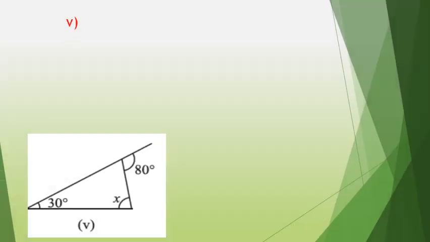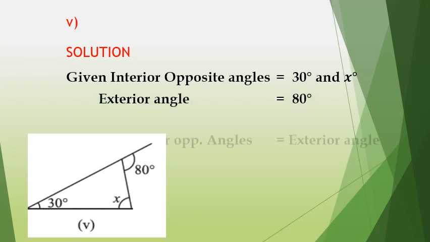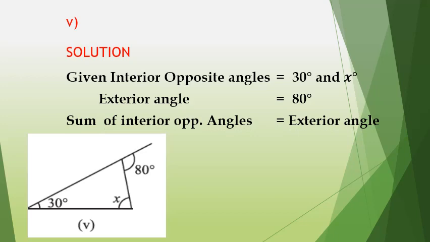Next question, question number 5. Given interior opposite angles are 30 degree and x degree. Exterior angle equal to 80 degree. Sum of interior opposite angles equal to exterior angle, that is 30 plus x equal to 80 degree, or x equal to 80 minus 30, that is x equal to 50 degree.